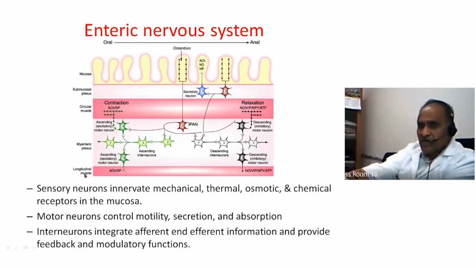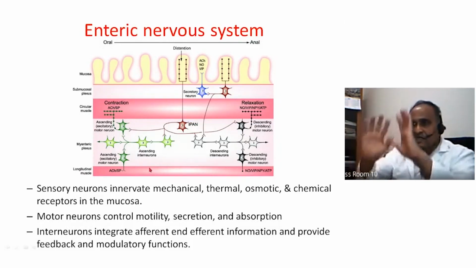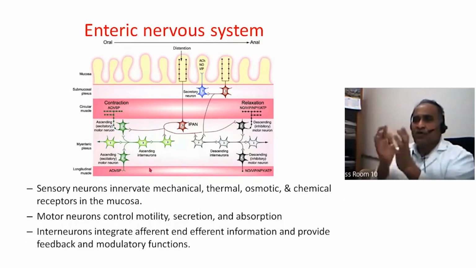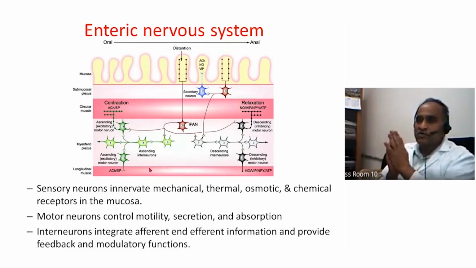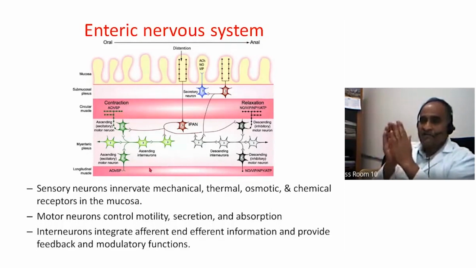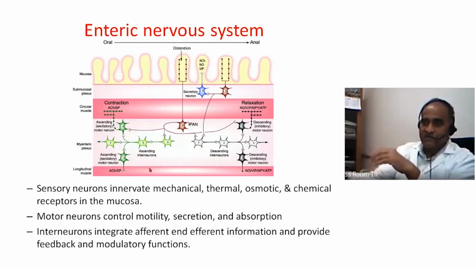Now the longitudinal muscles and circular muscles are supplied by these neurons, and they are modulated by cholinergic inputs coming from the vagus. The vagus makes a synaptic contact here, and will also supply and add to the contractions.